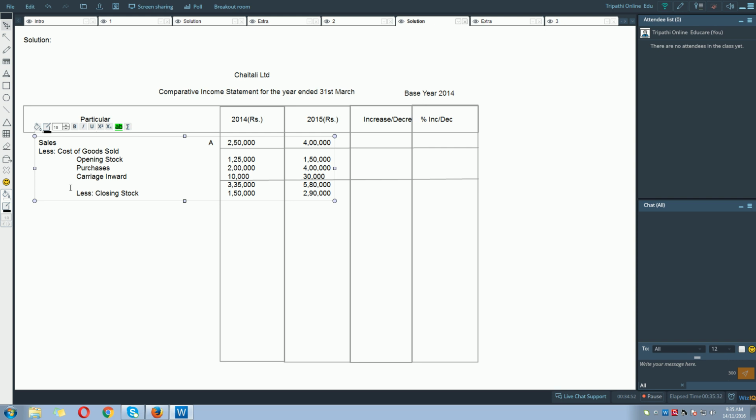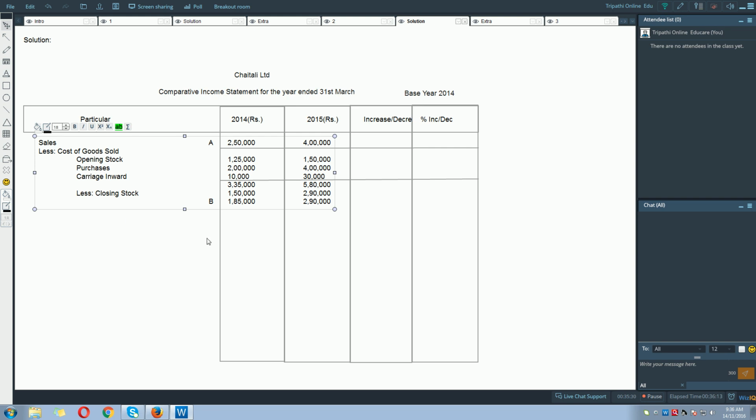Right? From this, we'll have to subtract closing stock. So closing stock is 1,50,000 for 2014, and 2,90,000 for 2015.